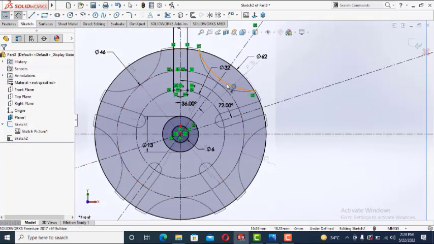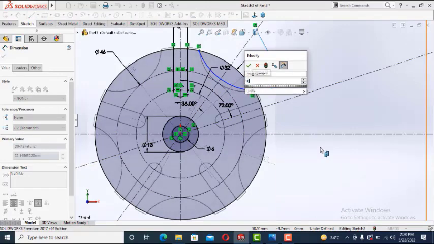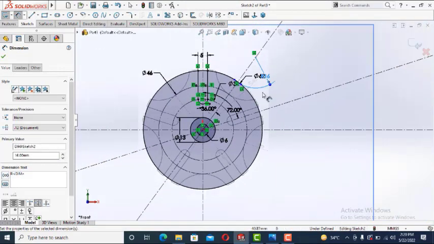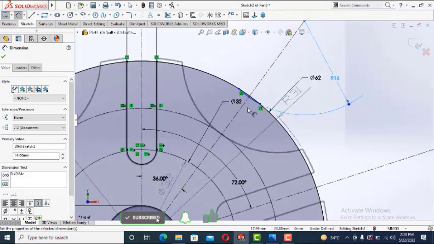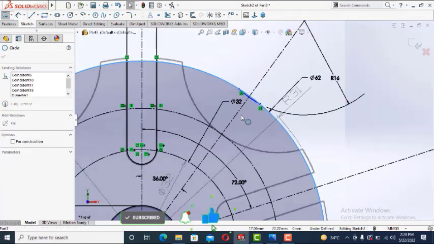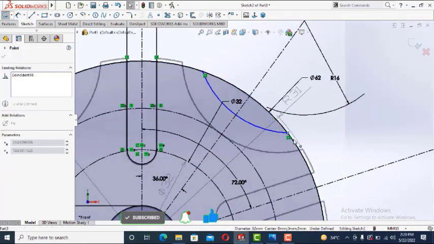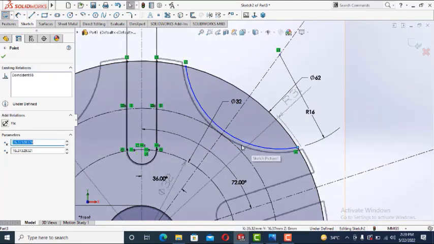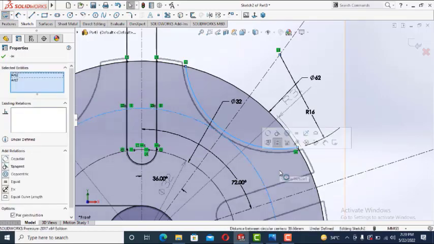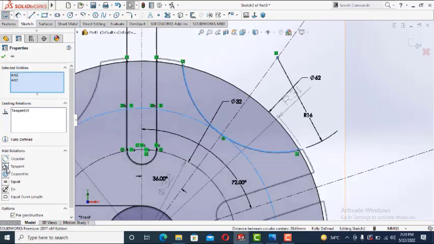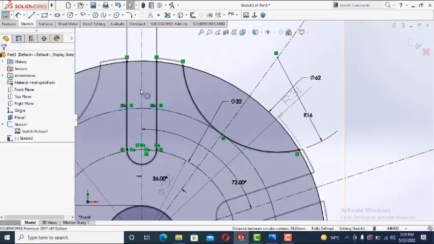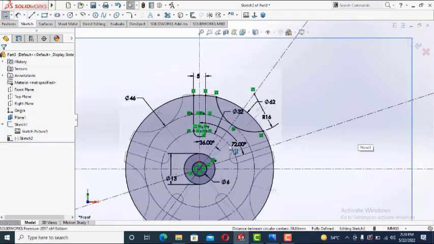So let's do it 16. So bring it here. Now you can see this arc is tangent to this circle, touching this circle. So we select both and make it tangent. So you can see it turns black, that is, it is fully defined.